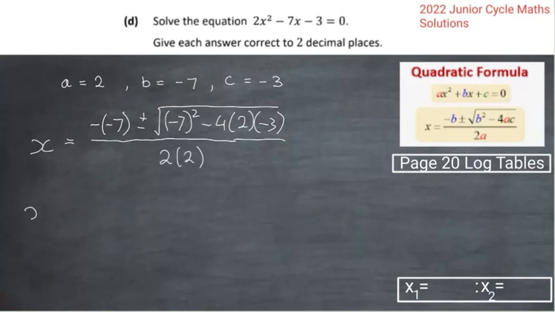Okay, so let's see what we get. So that you can put it all into your calculator and then do the plus first. Okay, so for the plus, we would just go up here, put the plus in first, and we'll get a result of 3.886.